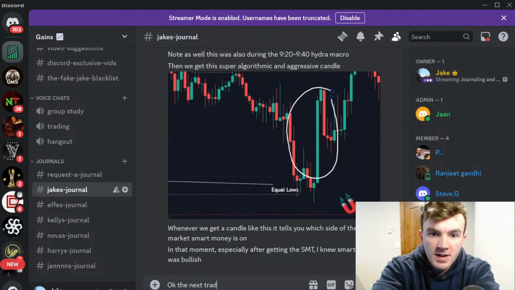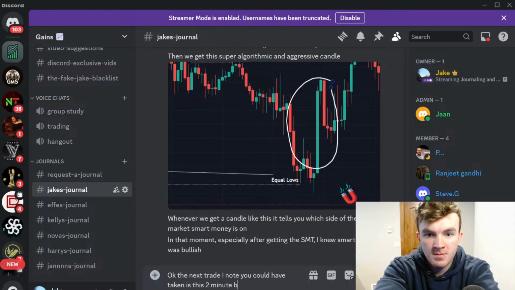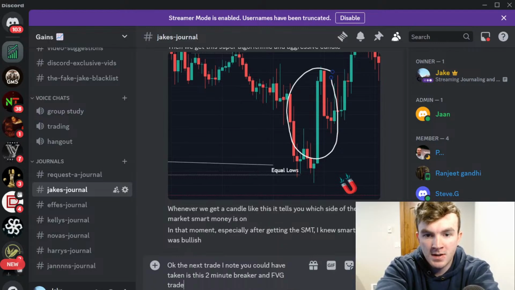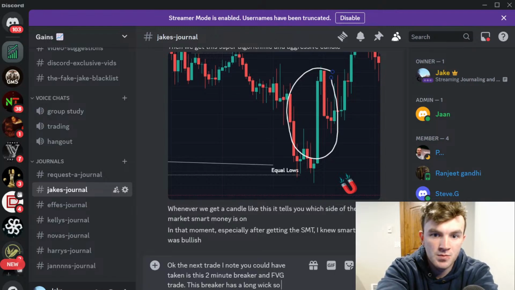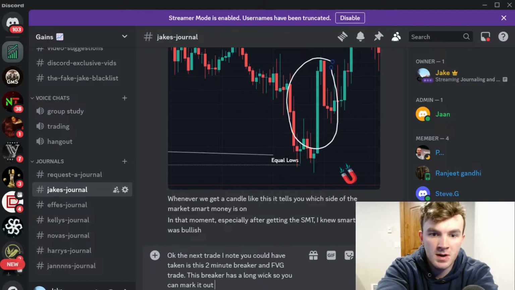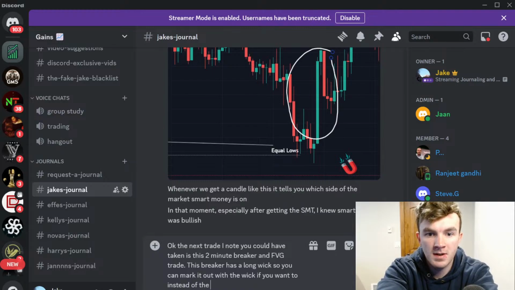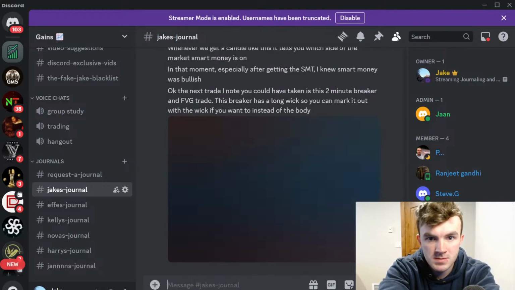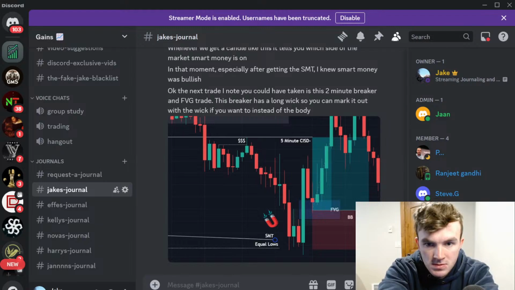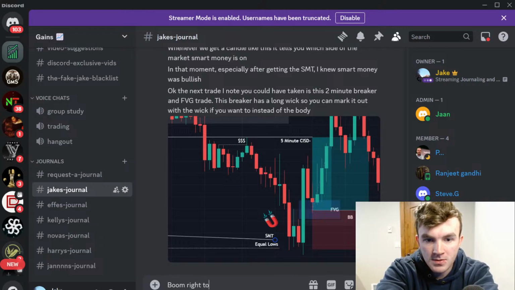The next trade I know you could have taken is this 2-minute breaker and FVG trade. This breaker has a long wick, so you can mark it out with the wick if you want to instead of the body. Boom, right to all that LRR.